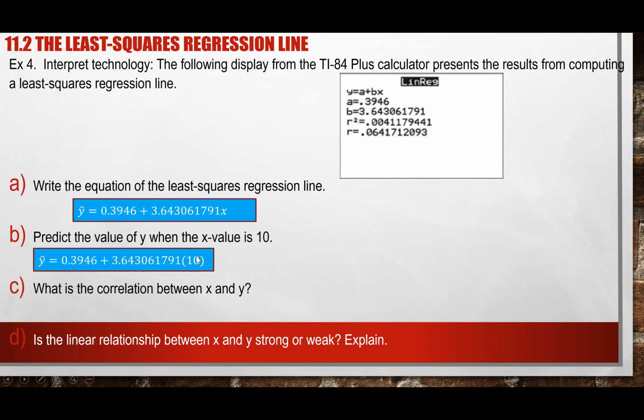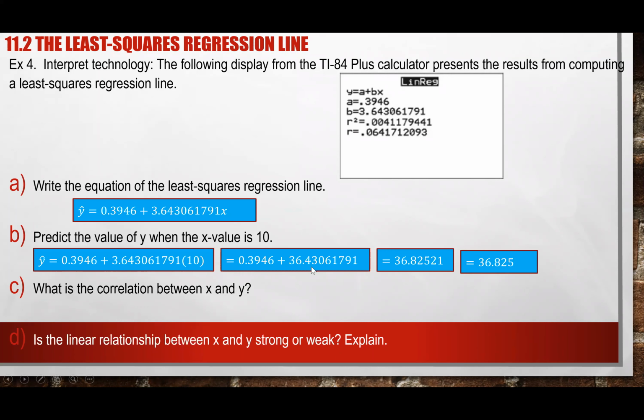Wherever we see an x, we plug in the 10, so 10 multiplied by 3.64 will give me 36.43. Then I add them up, and if the X value is 10, we predict the Y value to be 36.825.